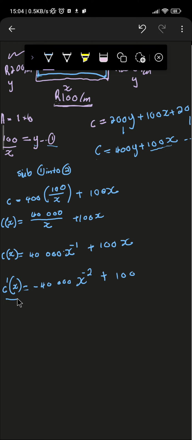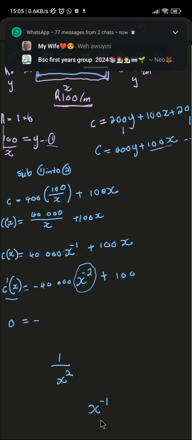We equate this to 0 so that we can find the value of x. Remember, 1 over x simply means x to the power negative 1.